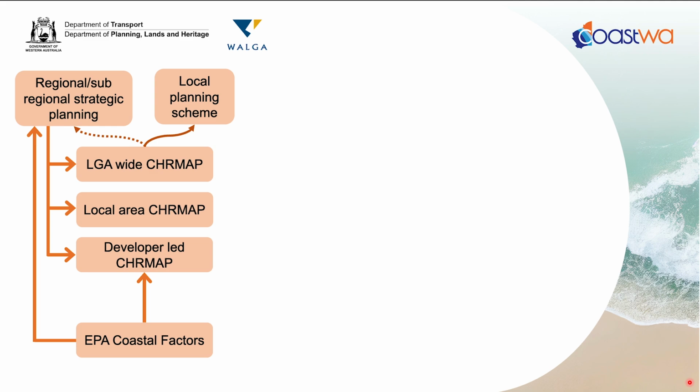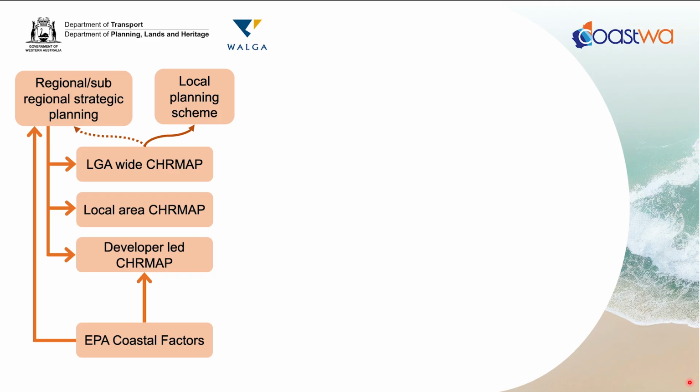Going back to that flowchart that I showed earlier in the training session, here we're looking at high-level regional and sub-regional strategic planning, including some kind of coastal considerations, and then local governments or local area CHRMAPs being developed, or a developer-led CHRMAP.